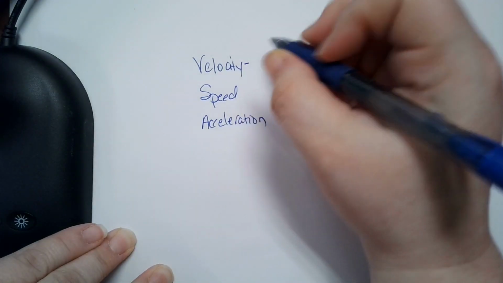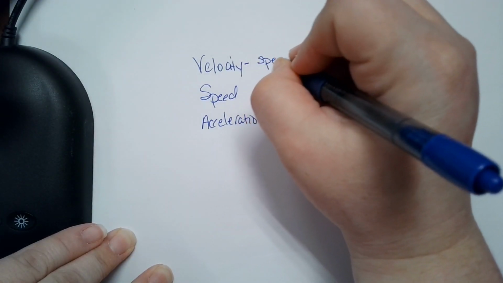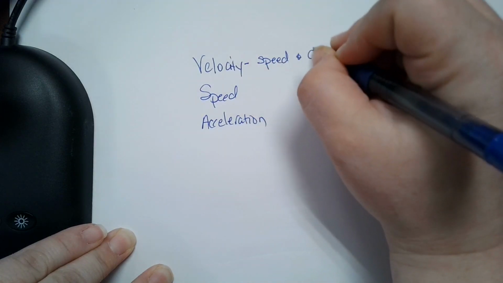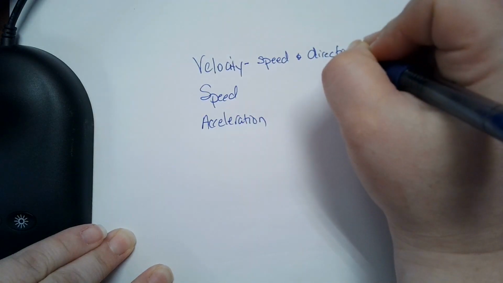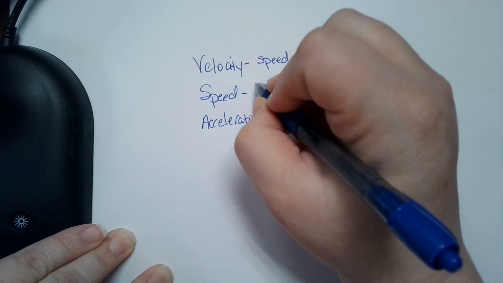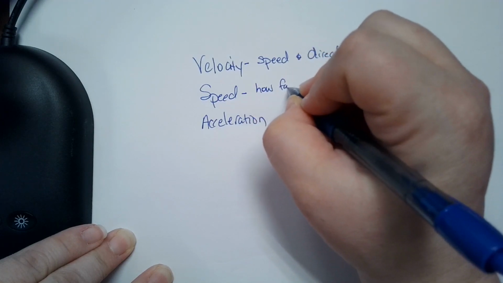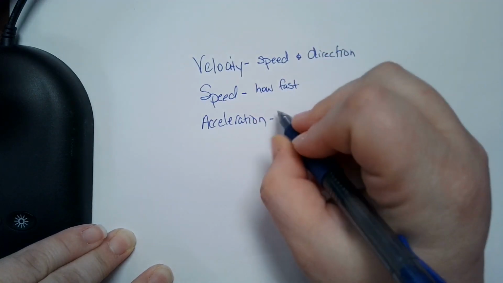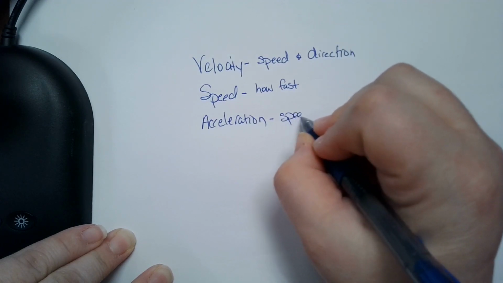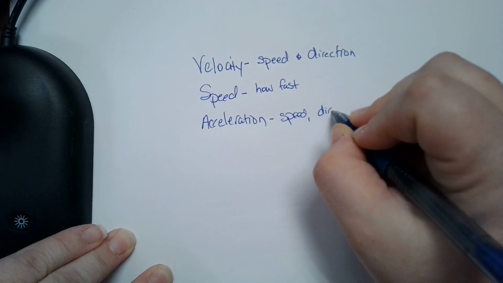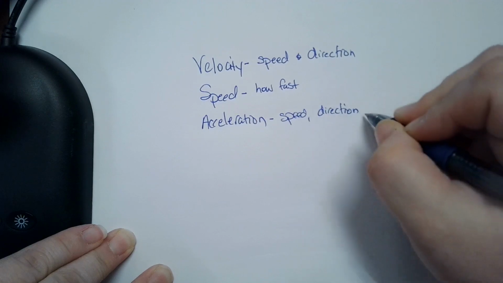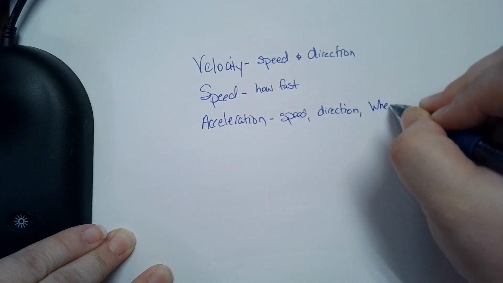You have to remember that velocity includes the speed and the direction you are going, whereas speed will just be how fast. Acceleration can include the speed, the direction, but mainly where you are going.